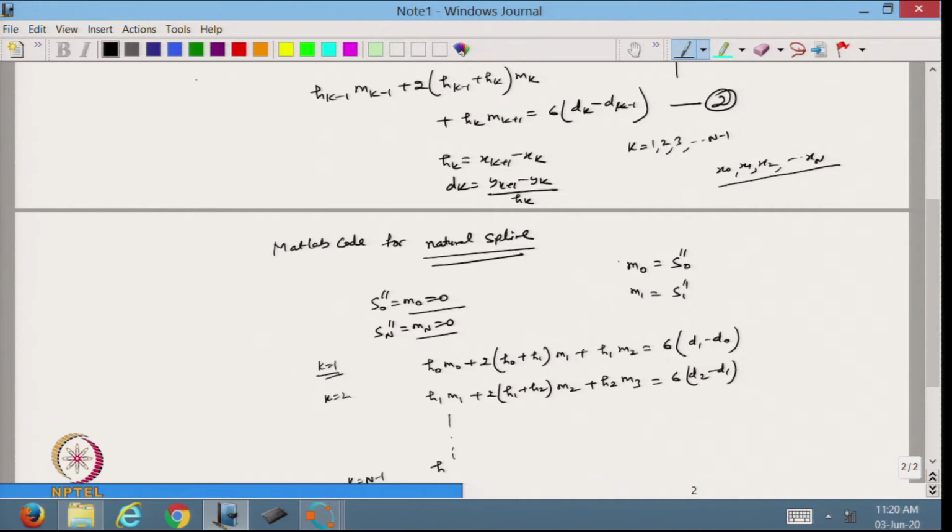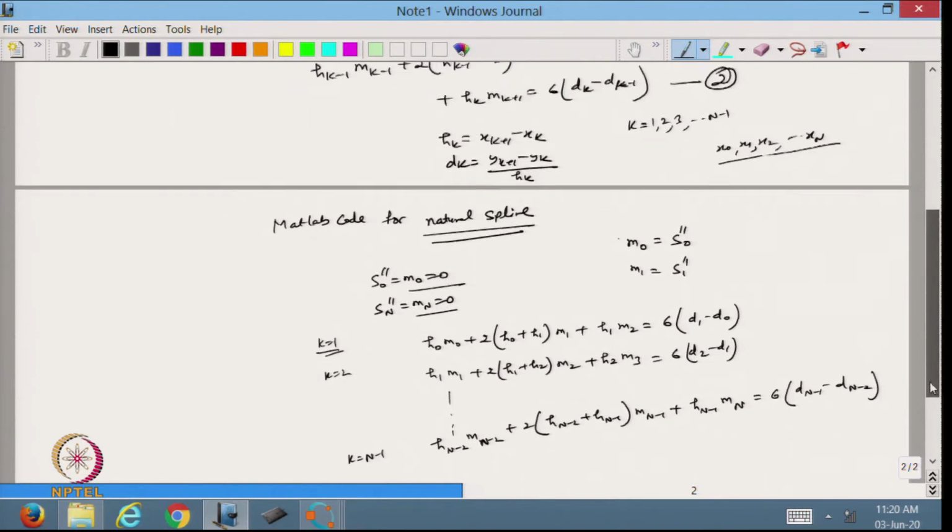I will get h(n minus 2) m(n minus 2) plus 2 times (h(n minus 2) plus h(n minus 1)) m(n minus 1) plus h(n minus 1) mn, and that gives 6 times (d(n minus 1) minus d(n minus 2)).